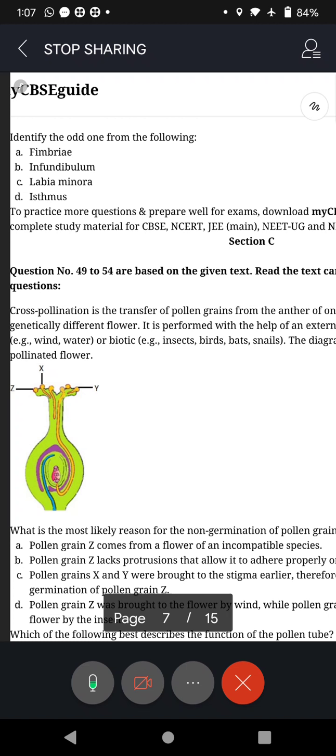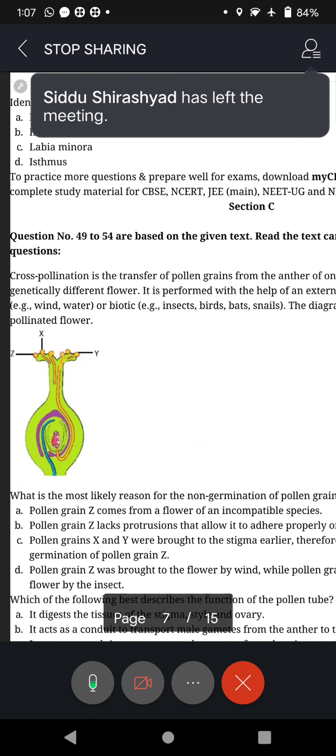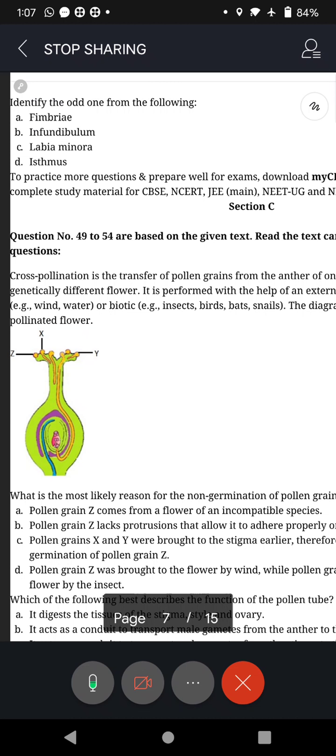Urethra, spermatogonia, homozygous. Okay. Just we will see in the next paper if there is any question from the chapter evolution. If that is there, then we need to complete that chapter, isn't it? Okay. It's not there, no? Yeah.